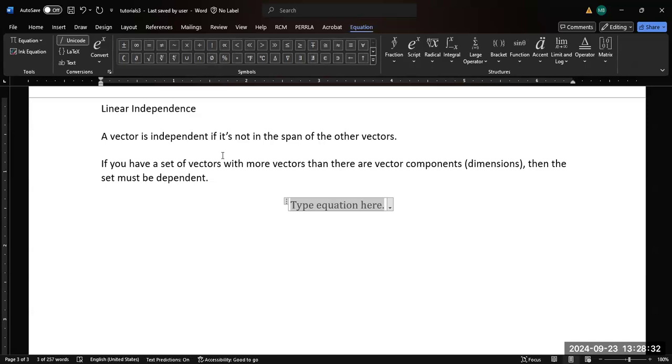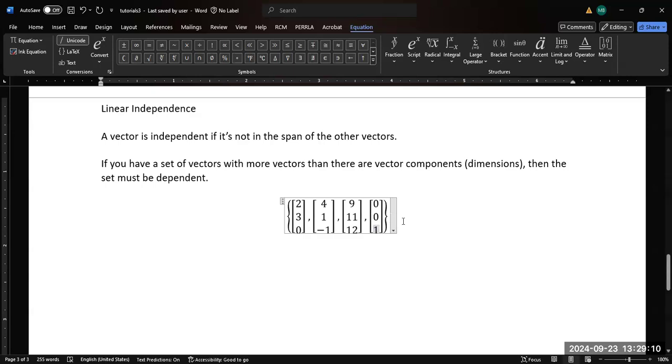So let's say I have a set of 4 vectors, and let's say I have 2, 3, 0, and 4, 1, -1, and 9, 11, 12, and 0, 0, 1.